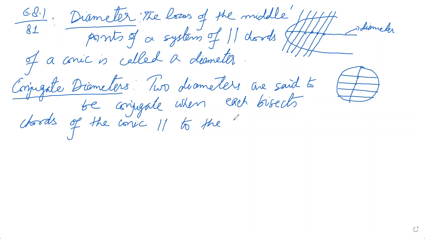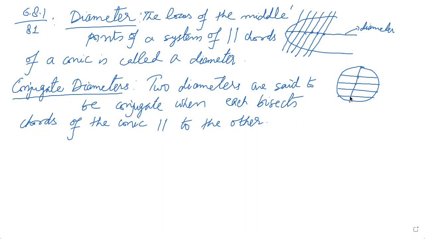Parallel to the other. ठीक है, means two diameters. एक diameter तो ये हो गया, है ना? अभी this diameter is bisecting this. Now, if they bisect the chords of the conic parallel to the other.